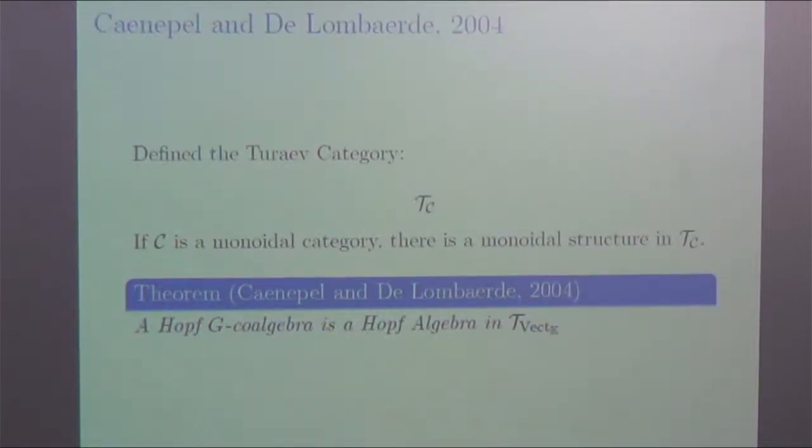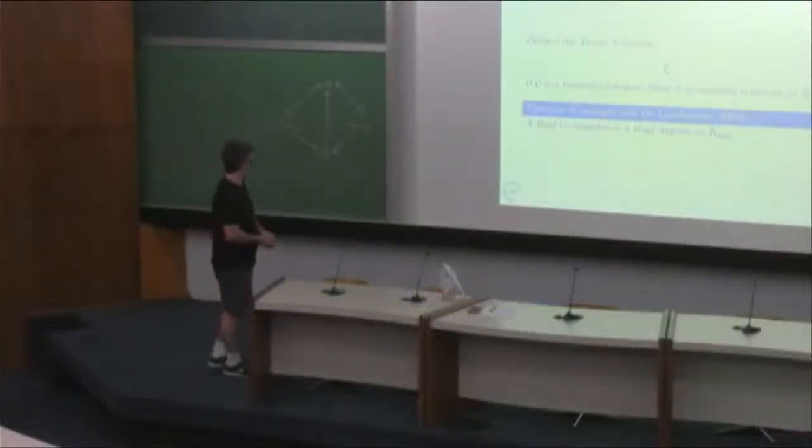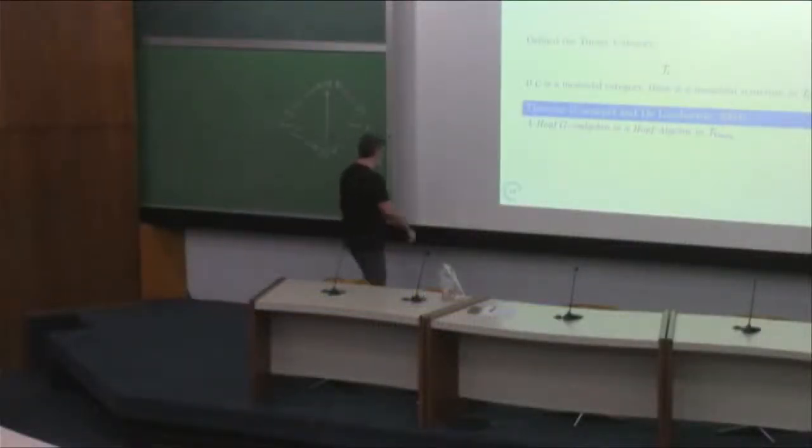Okay, now let's move to a different approach. This is the work of Cannepel and De Lombard from 2004. They defined the Turaev category when C is a monoidal category. It's a very simple definition.